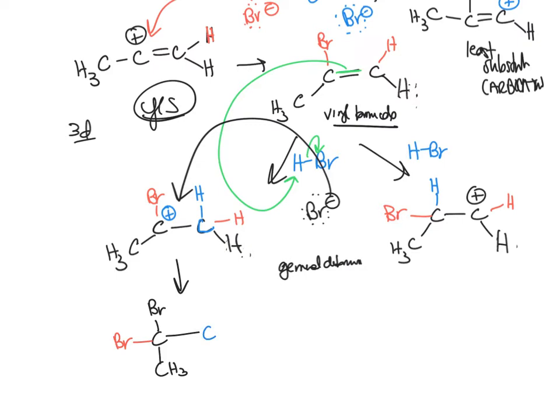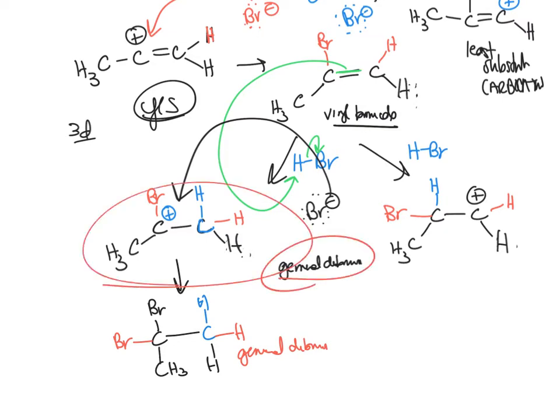So this is your geminal dibromide. It has to follow this carbocation. What two cations from answer 3D must be more favorable? So we just circled that one.